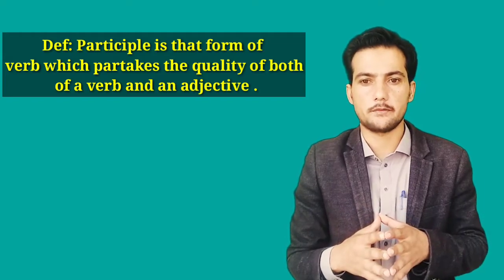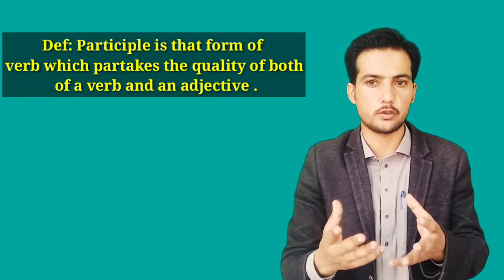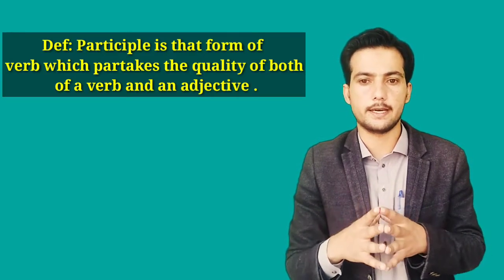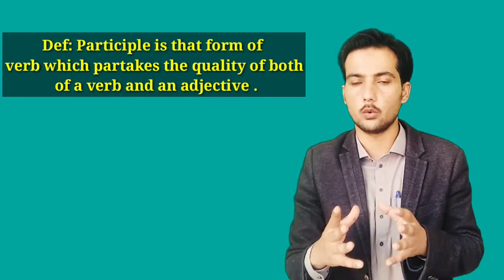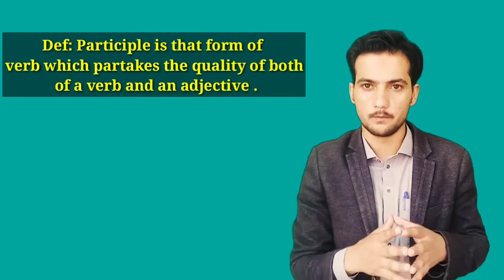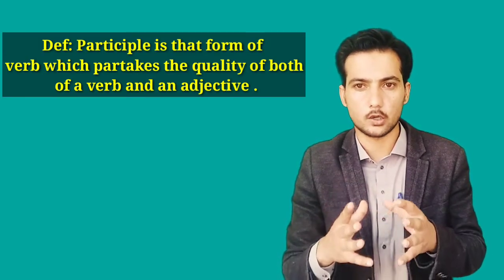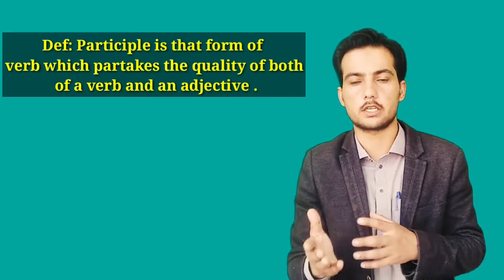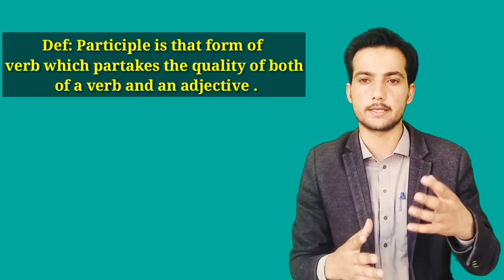And with the help of this definition, we came to know two things. The first is that a participle originates from a verb. It means that it is that form of verb which has the quality of both. It can be used like an adjective and it can be used like a verb in a sentence.